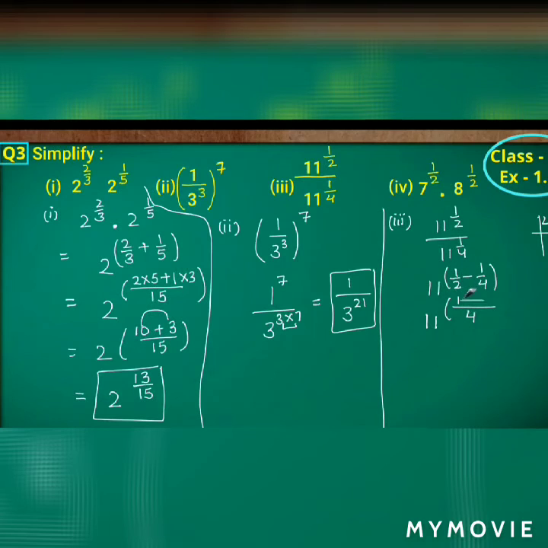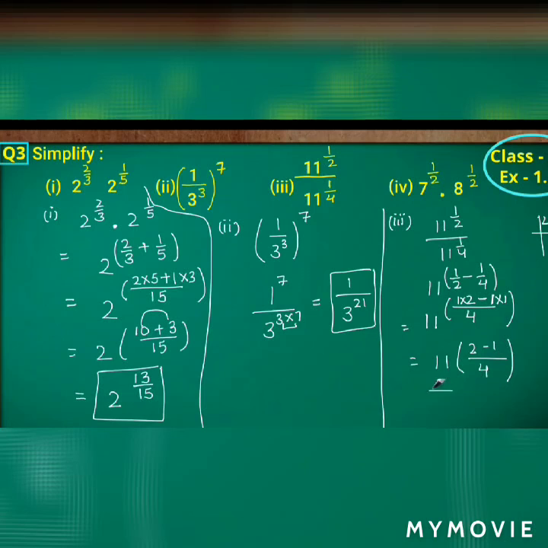Since 4 is the LCM, that is 11 to the power 1 into 2 minus 1 into 1 by 4.